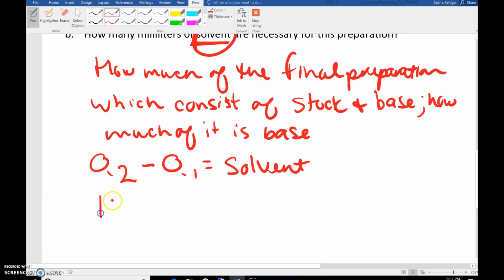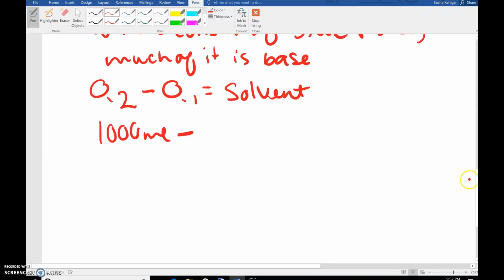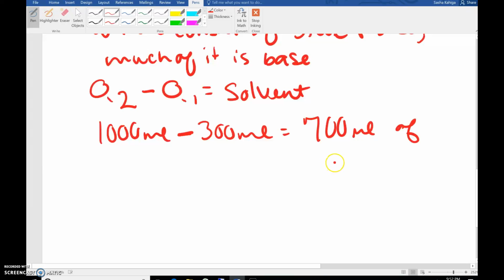So you're going to take 1,000 milliliters, which is your Q2, and subtract your Q1, which you determined was 300 milliliters. You subtract the two, and that means that 700 milliliters of the preparation is solvent.